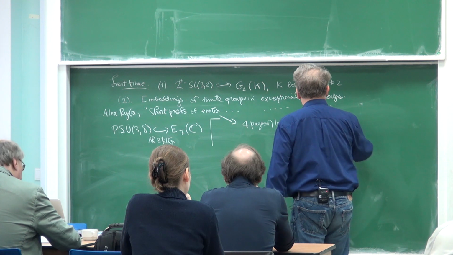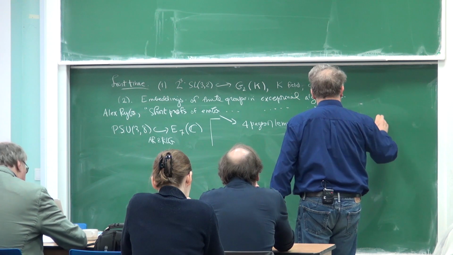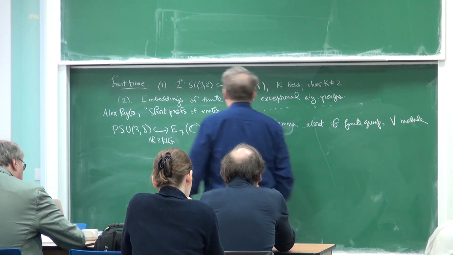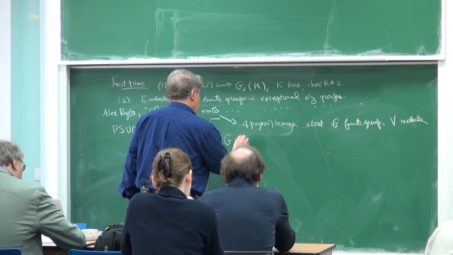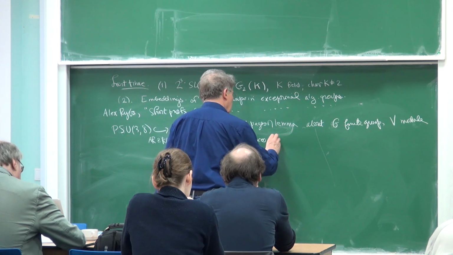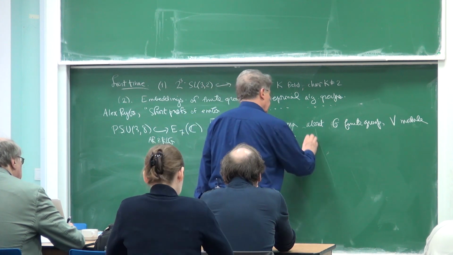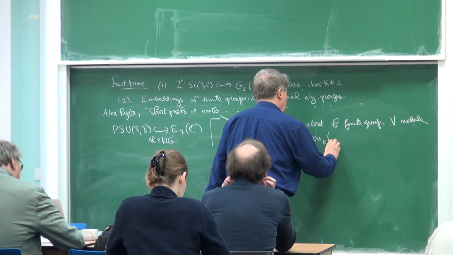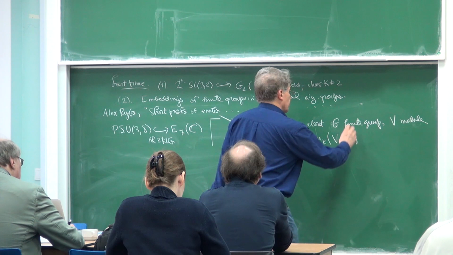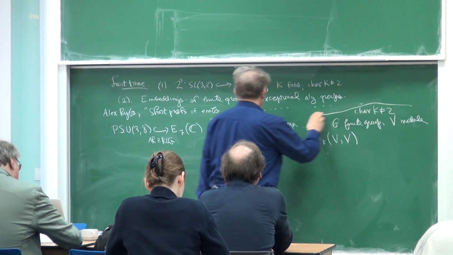about a G, a finite group, and V, a module, and G subspaces, let's say W, of V. K is a field of characteristic not 2 in this part of the discussion.